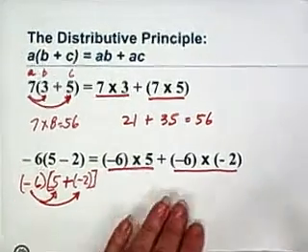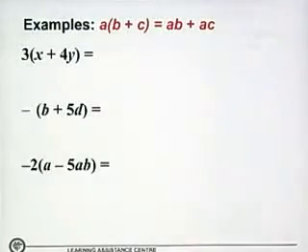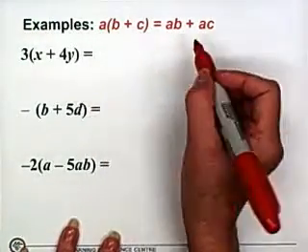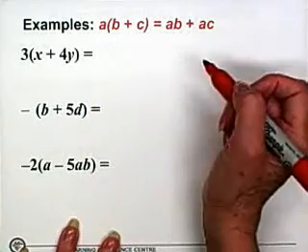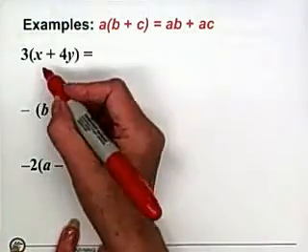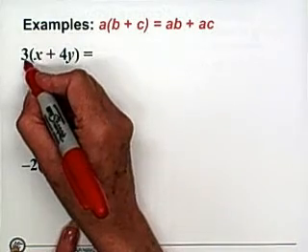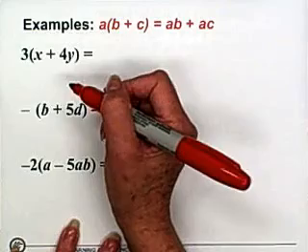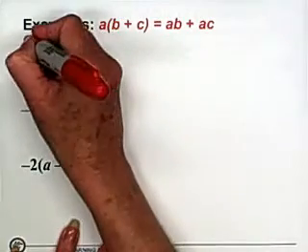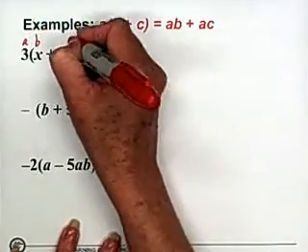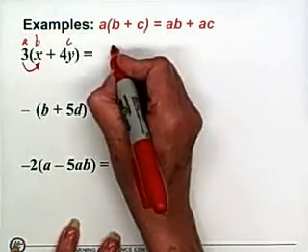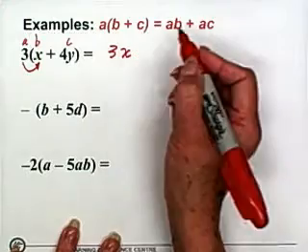Now let's work through some examples. And again, we're following the distributive principle. A times B plus C equals AB plus AC. So for the first one, here's A, our X is our B, and our 4Y is our C. So we're going to take 3 and multiply it by X. So we end up with 3X.